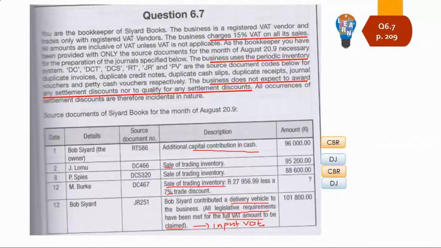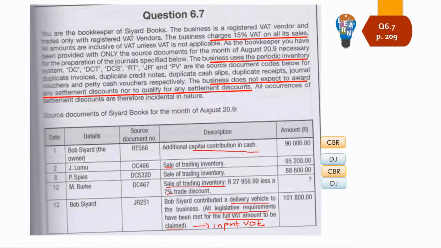Okay, so let's quickly talk about it. In your cash book payments, you would take anything that you've paid. Now, Bob Seat actually gave us a vehicle, so it's not something we paid. So for that reason, it will not go to your cash book payments because it's not a physical payment from the business. It was a receipt by the business.